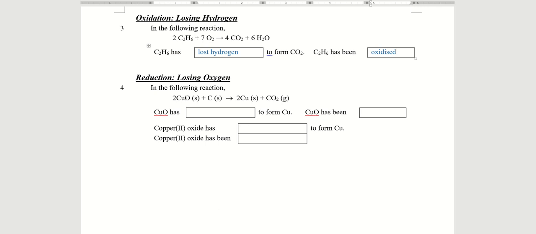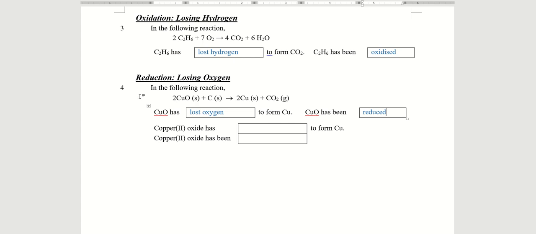We can say that copper oxide, at the beginning of the reaction, has copper bonded to oxygen, but on the right hand side, the copper has lost the oxygen. So we can say copper 2 oxide has lost oxygen to form copper. Therefore, copper 2 oxide has been reduced.